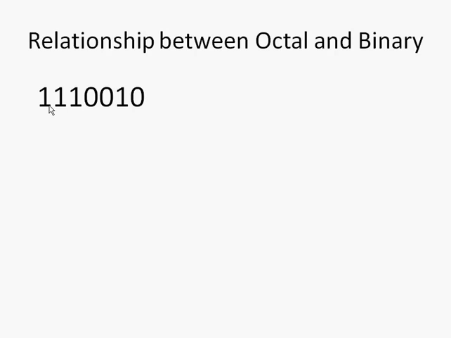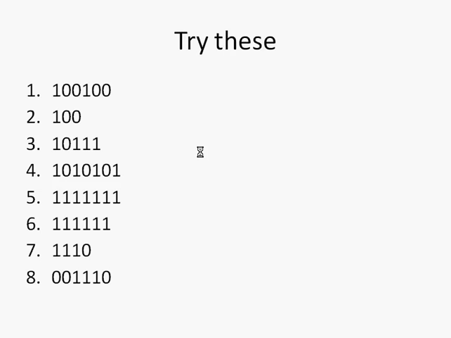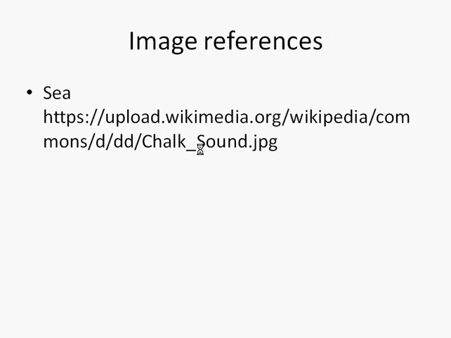By the way, if you didn't have multiples of 3, so here I've got 7 bits in this binary number, to be able to do the same thing, you would just need to pad it out at the front with some leading zeros. So we've got 9 there now, and then you can split it up into groups of 3. So that should be easy enough for you to do. Try these for yourself, and thanks for watching.